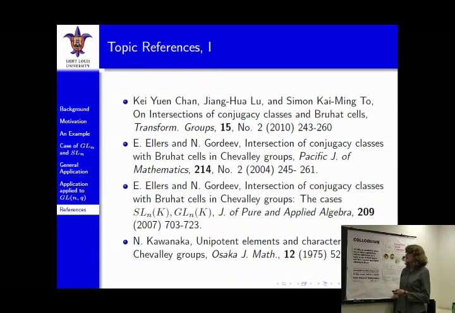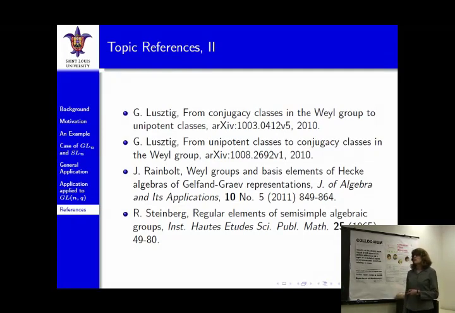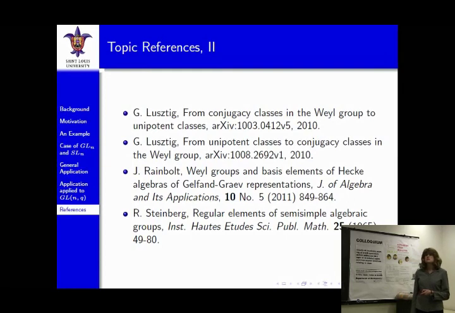Here's the 2007 article I actually cited within the talk, but these also contain results related to what I was talking about. And there's more of them. This is the Steinberg result about the unipotent: the Green function is equal to 1 on the regular elements.